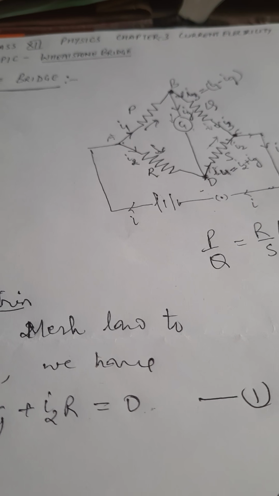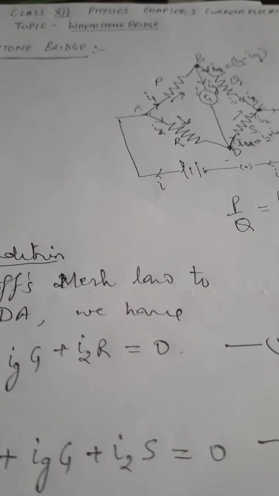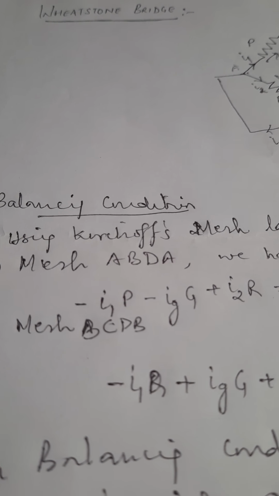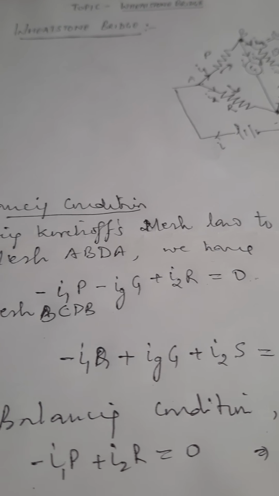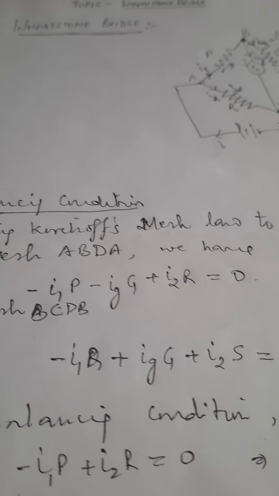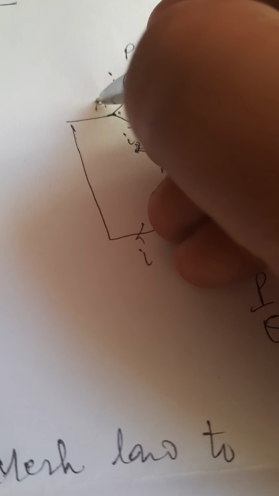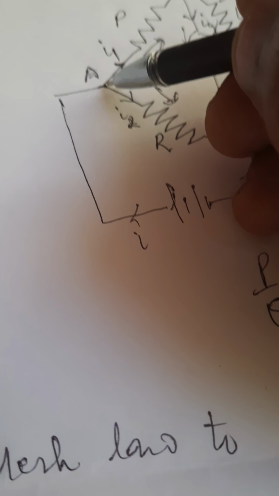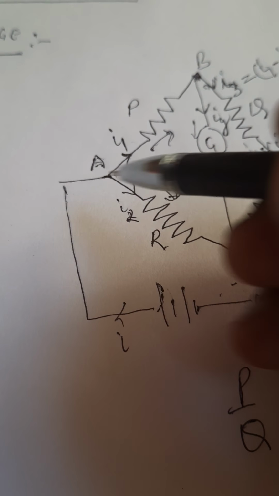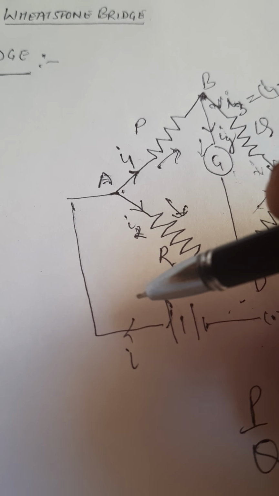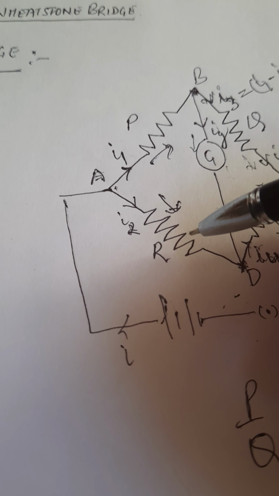Now we find the balancing condition. Now if we apply Kirchhoff's laws in mesh ABDA and in mesh BCDB, first we apply Kirchhoff's second law in mesh ABDA. Here I1 is clockwise, I2 is anti-clockwise and Ig is clockwise.